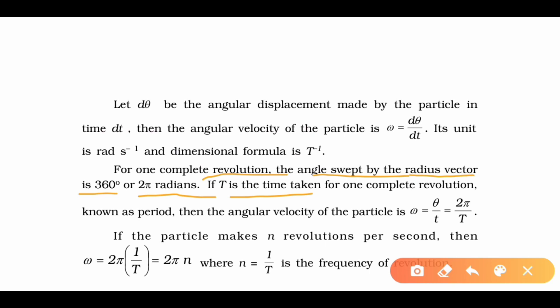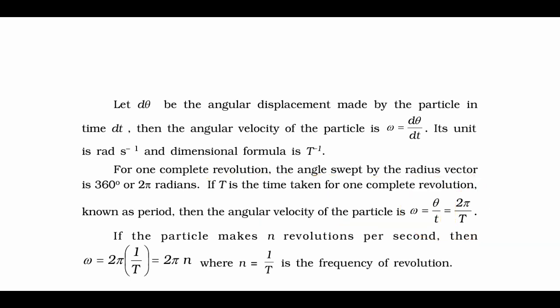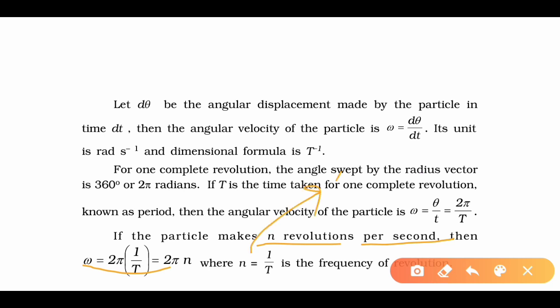If capital T is the time taken for one complete revolution, known as the period, then the angular velocity of the particle will be omega equals theta upon T, or 2 pi upon T. If the particle makes n revolutions per second, then omega will be equal to 2 pi upon T, or 2 pi into n, where n is equal to 1 upon T, that is known as frequency.